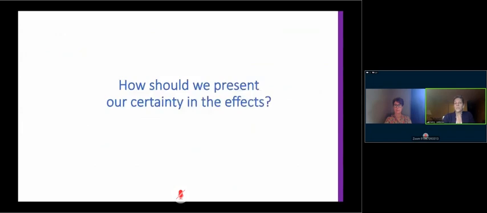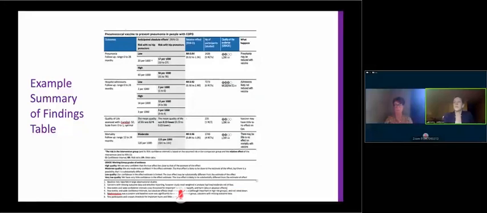So the next question is how should we then present our certainty in the effect so that decision makers can use it in decision making? And basically, we could, in essence, just present it in a table where we have the outcomes, similar to the table I just showed you with the pneumonia and vaccines example. We have all of the outcomes listed in the table.